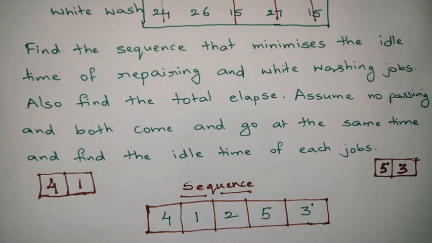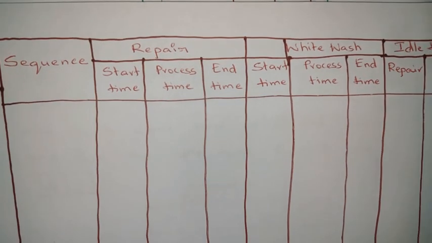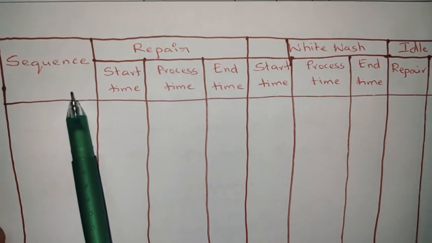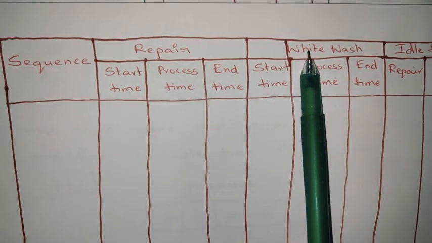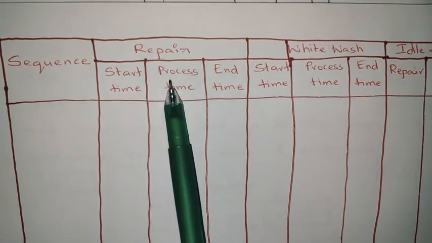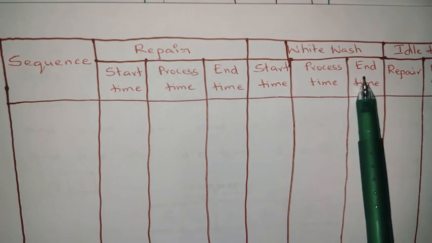In order to find the total elapsed time, already you know that we need to form a table. So this is the table we need to form. Sequence, repair, this is the first process. Whitewash, second process. In repair: start time, process time, end time. In whitewash also: start time, process time, end time.